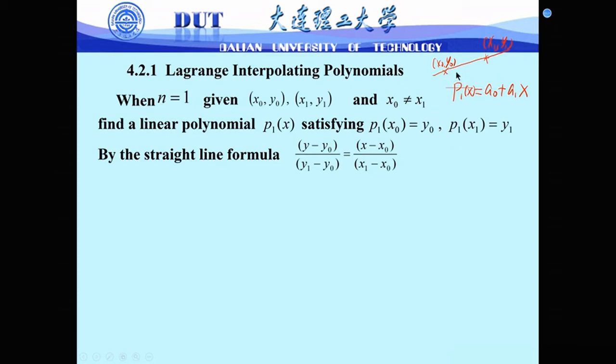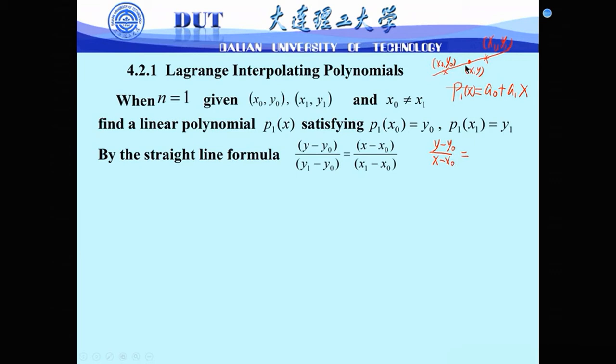For any point (x, y) lying on this straight line, the slope between (x0, y0) and (x, y) is y minus y0 divided by x minus x0, right?